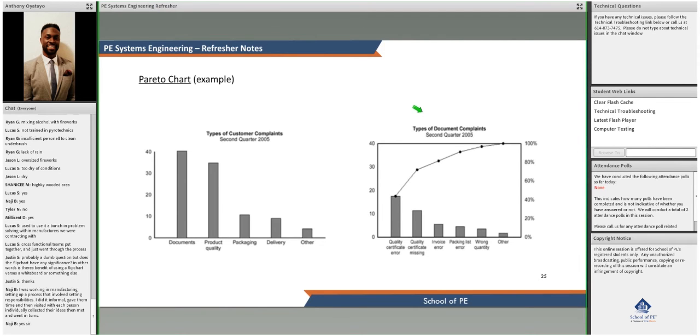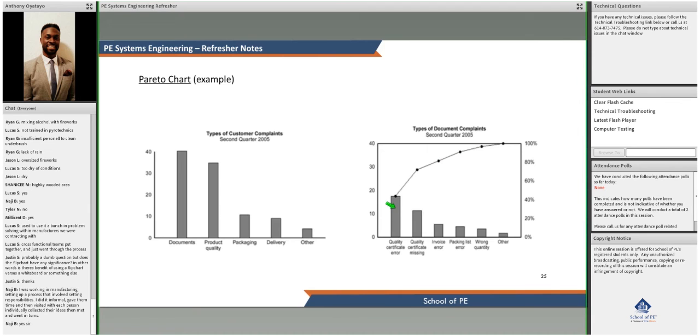So we get to the right part here. It's the types of document complaints. We have quality certificate errors, quality certificate is missing, invoice error, packing list, wrong quantity, and then other. So we could see that, as we are going this way, we are reaching 100% of our document complaints or issues.